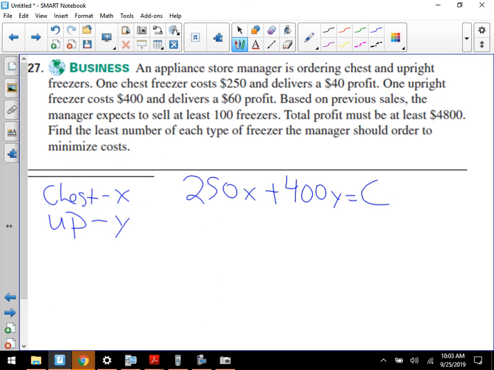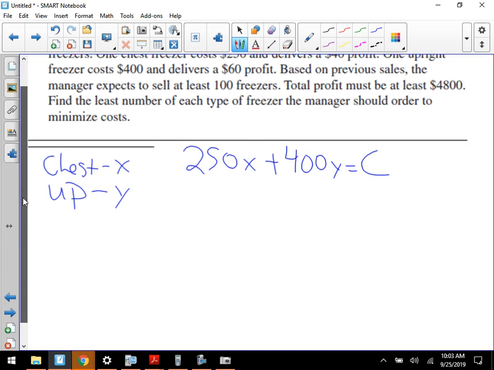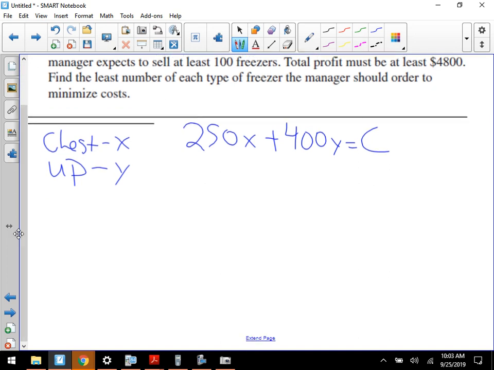It talked about how many you have to have on hand and how much you have to make. Good. So you've got your two values of your constraints. You have to have a minimum units to sell. The least amount you can sell is 100 of them. So some combination of both of these has to be at least 100. Greater than or equal to.